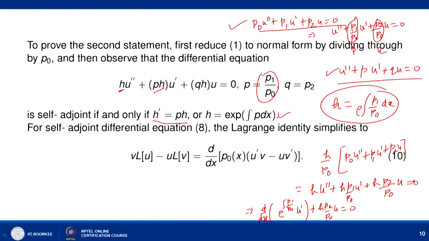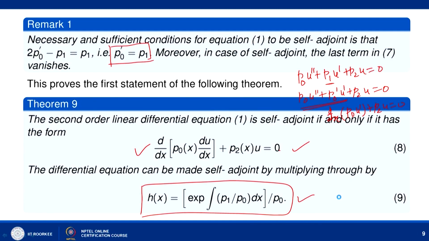If you look at making this self adjoint, the only rule concerns the coefficient of u dash and the coefficient of u double dash. We need not worry about the coefficient of u at all. So self adjoint equation is very common, and it is written in this particular form: d by dx of P naught(x) du by dx plus P2(x) u equal to 0.